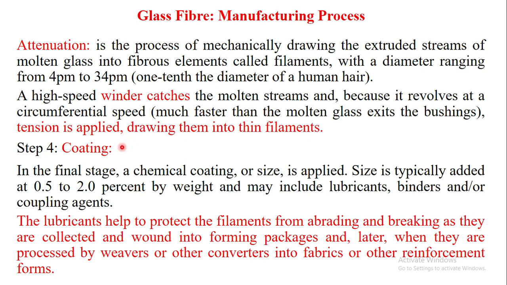The fourth step after the fiberization process is the coating step. After we make a fiber, we should coat it. Coating is used for protecting or enhancing the mechanical properties of the formed fibers. In this stage, a chemical coating or size is applied.